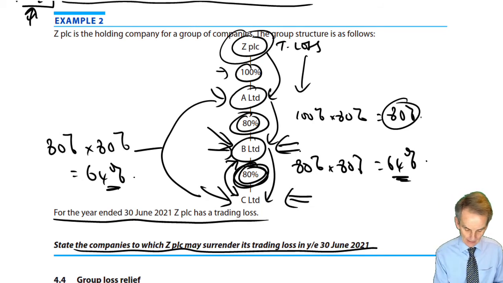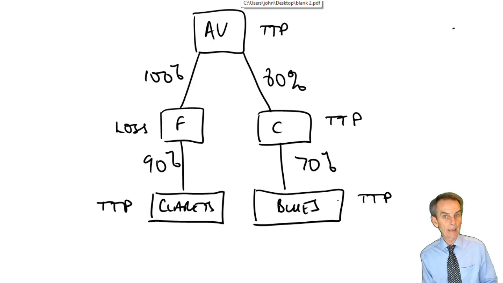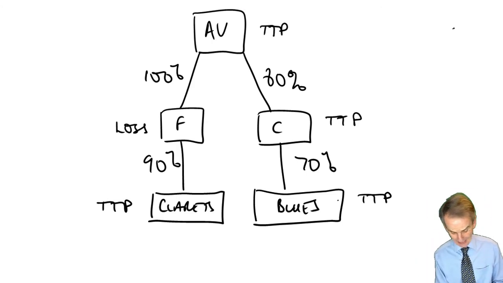Okay, in that first lecture that we had together, I gave you the AV group of companies there with, I think, those percentage shareholdings. If you can find it, fine, go back to that. Hopefully you remember looking at that quite recently and revising what we said about who could group relieve with whom.